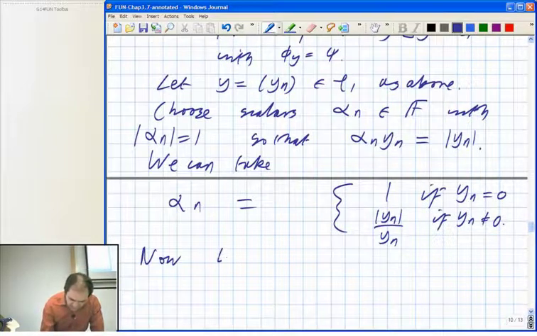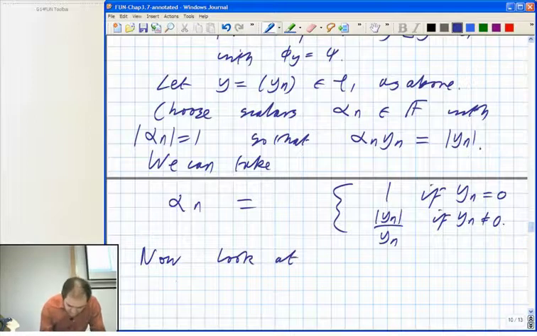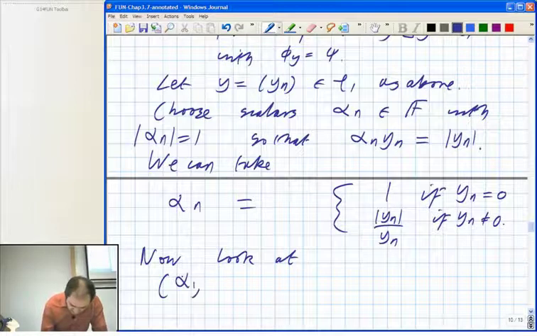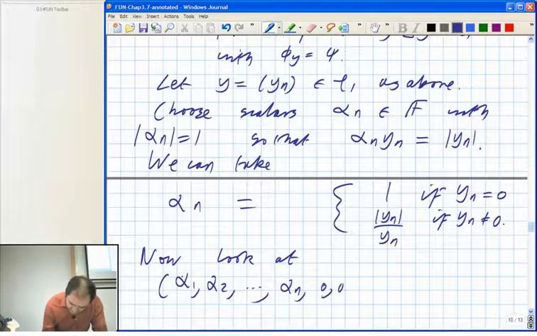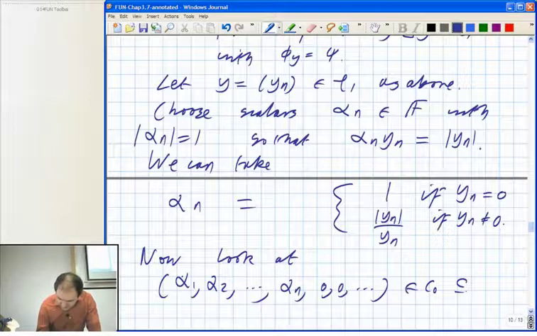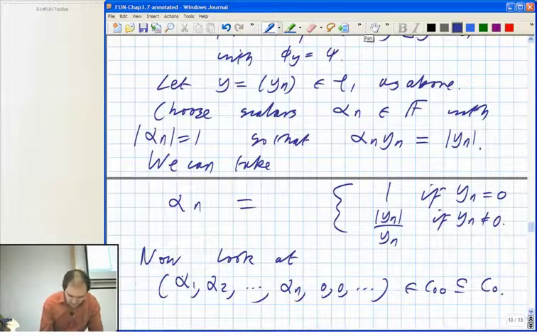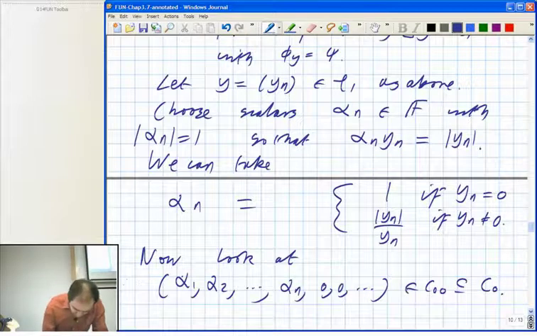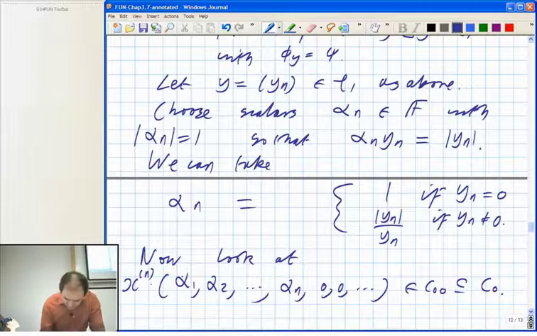Now, look at alpha 1, alpha 2, up to alpha n, but then lots of zeros, which is in C00, which is, of course, a subset of C0. And let's call that X upper n.